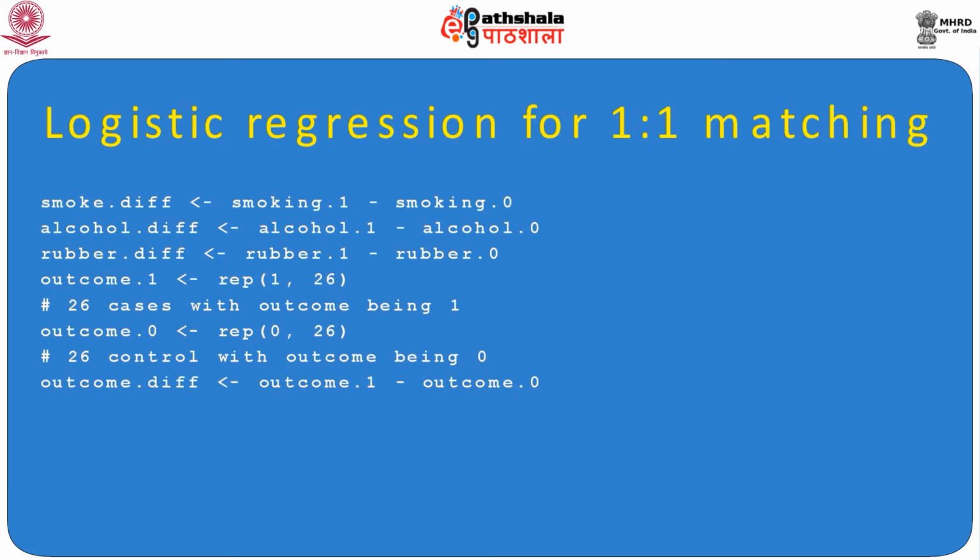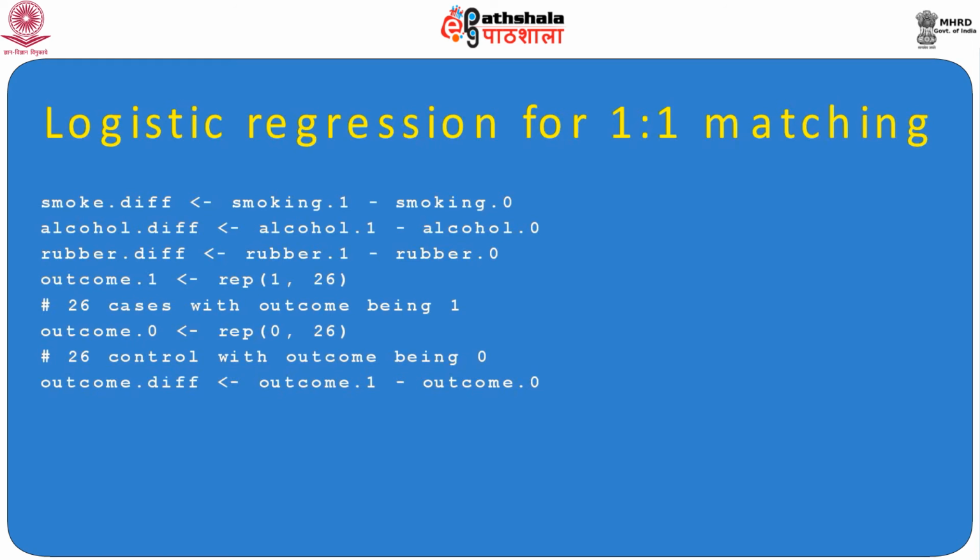Now we are going to get the confidence interval of this odds ratio. The coefficient value we got is 0 and the p value we got is 1. If we take the exponential of 0, that will be 1.